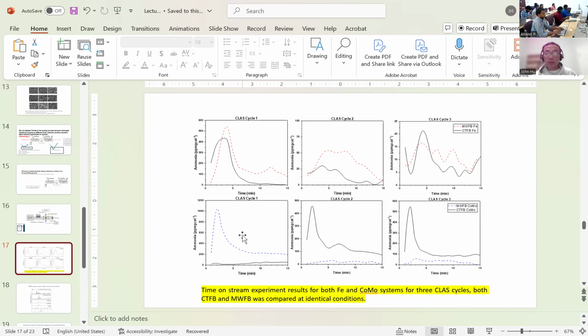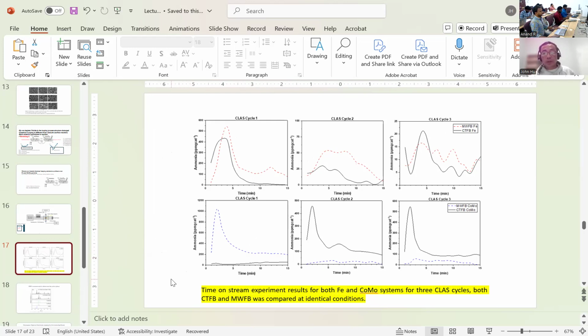But if you change the material to cobalt moly, you run 1 cycle, but in the next cycle the activity disappears. Why does the activity disappear? That's because of the so-called shrinking core model. That means the structure collapses, so it's very difficult to maintain the integrity and the morphology.